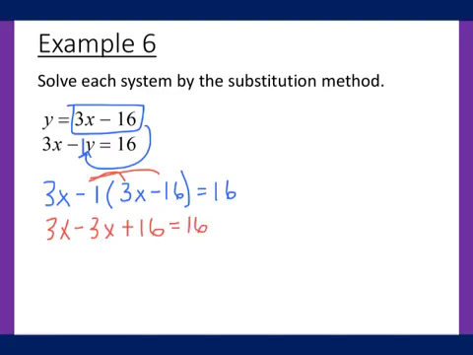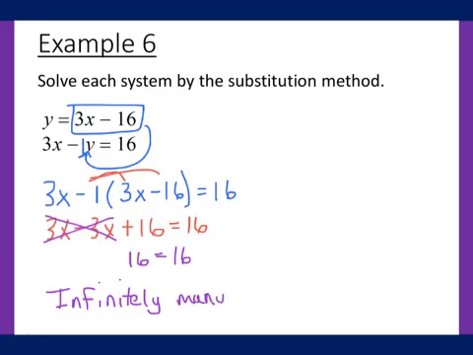Hopefully we just noticed our problem there again, but this time we get 16 equals 16. That is a true statement, and so if it's a true statement, then that's infinitely many solutions. There you have it.